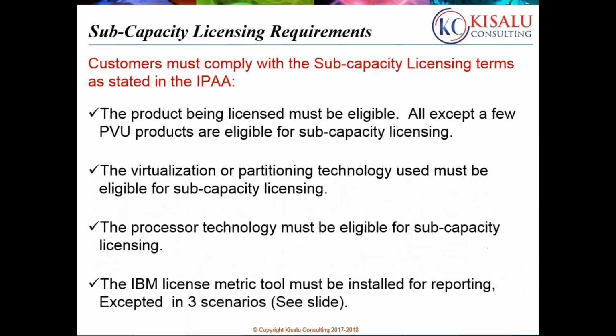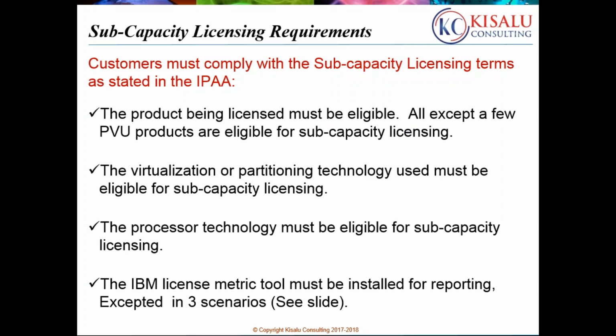What are the requirements for people to benefit from sub capacity licensing? There are some requirements that the customer will have to follow as explained in the International Passport Advantage Agreement. So the product must be eligible.